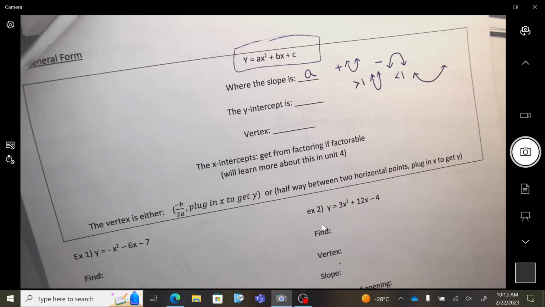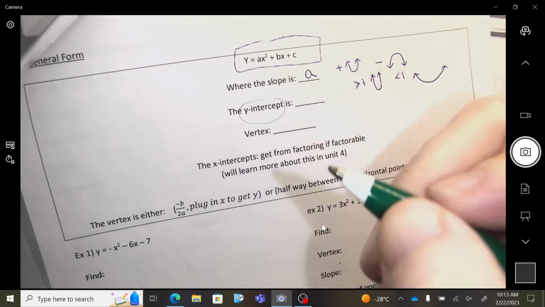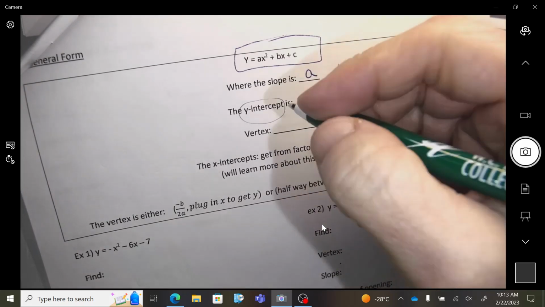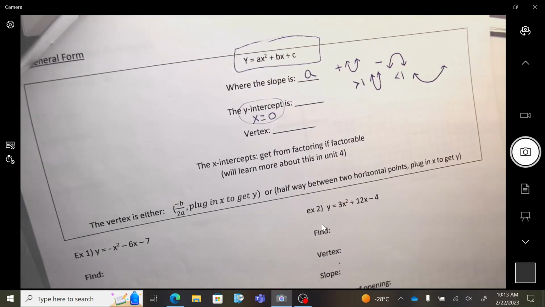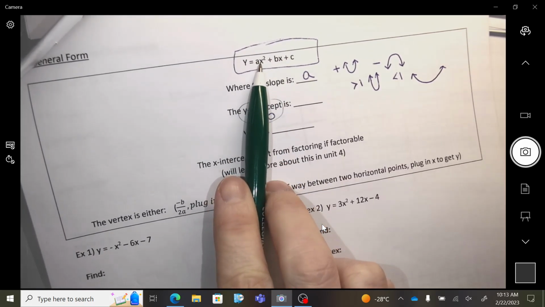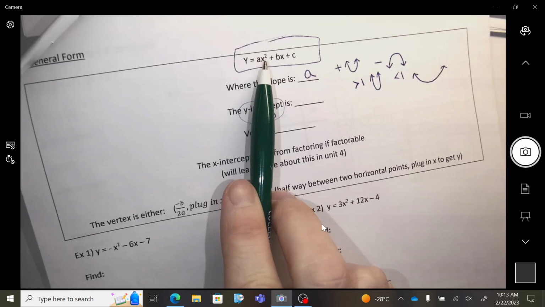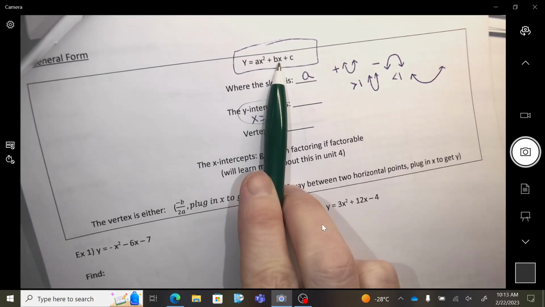Okay, now the y-intercept. What is the definition of a y-intercept again? Where x equals 0. So looking at this equation, what happens if x is 0? This would disappear. This would disappear.